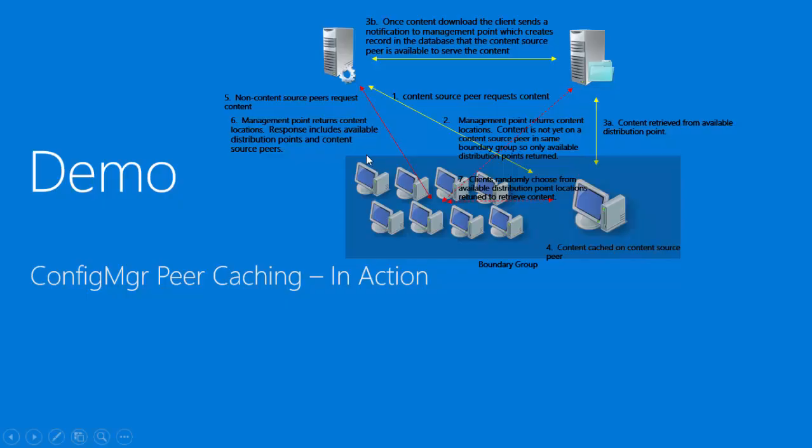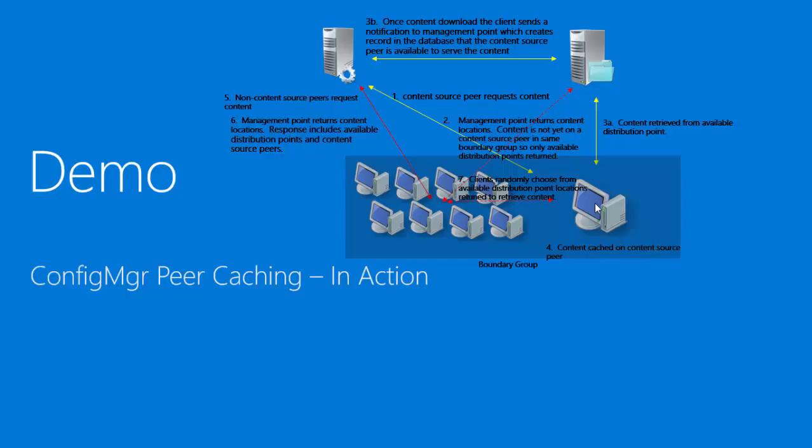I have my standard systems that are not enabled to be a content source peer or a super peer right here. And then I have the one system that I'm identifying as a content source peer, a super peer, right here. I've made it larger just to set it off as the one system in this boundary group with the configuration enabled. Now you could have 2 systems, 3 systems, whatever you would like to do. In my lab, I just chose one.